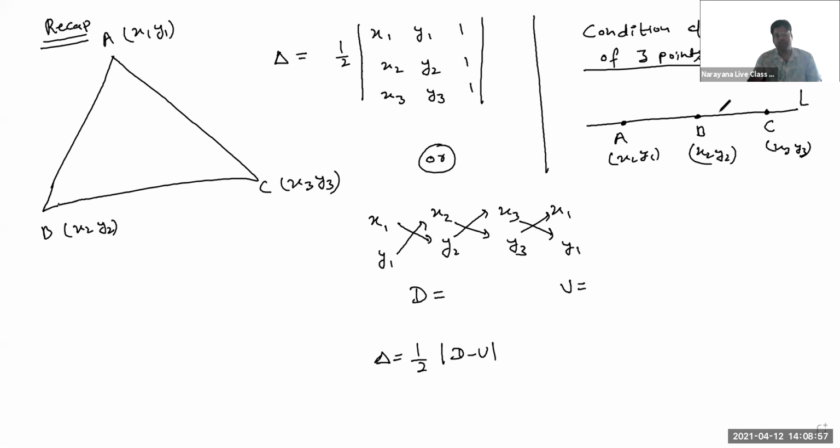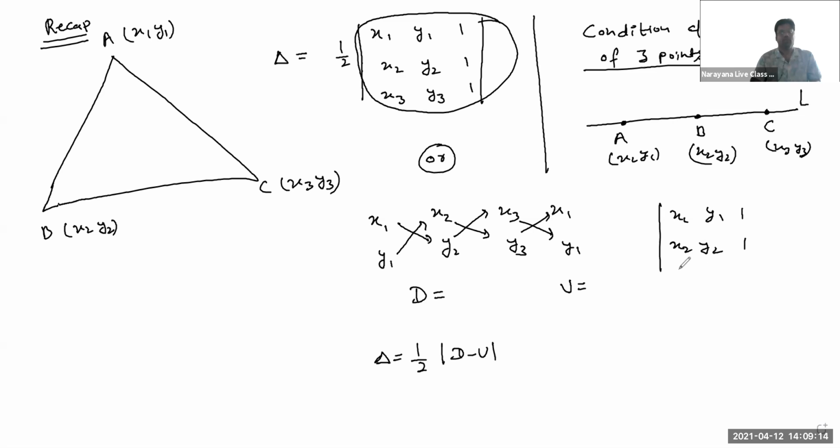Then the area of the triangle formed by points A, B, and C will be 0. Hence, the determinant of x1 y1 1, x2 y2 1, and x3 y3 1 will be 0.